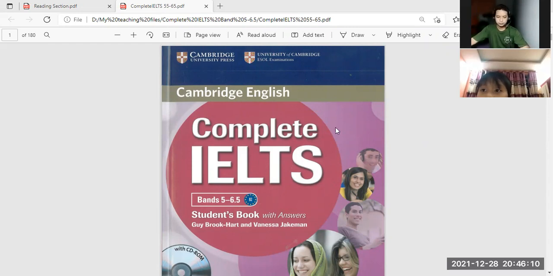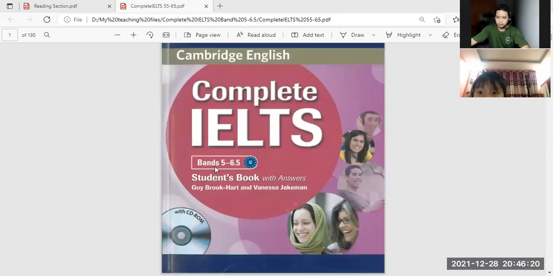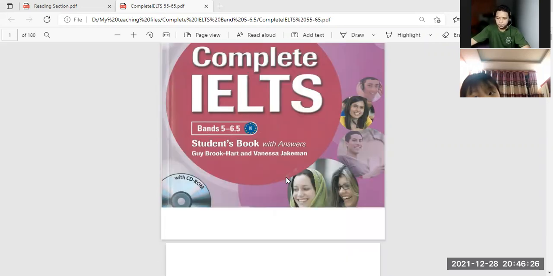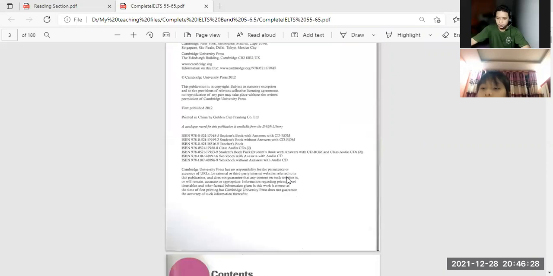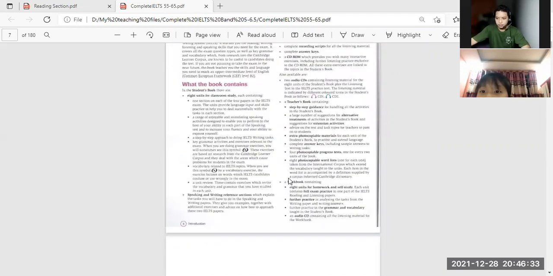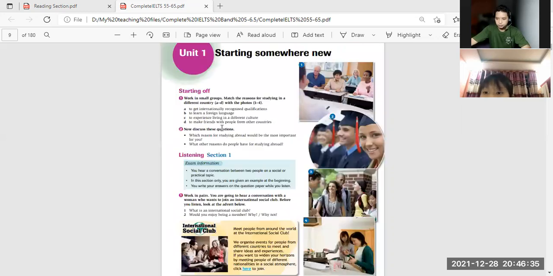Yes. Okay, perfect. So our today's lesson, or your lesson for tonight, is about Cambridge English Complete IELTS, bands 5 to 6.5. There are some sections in this book: listening and reading.